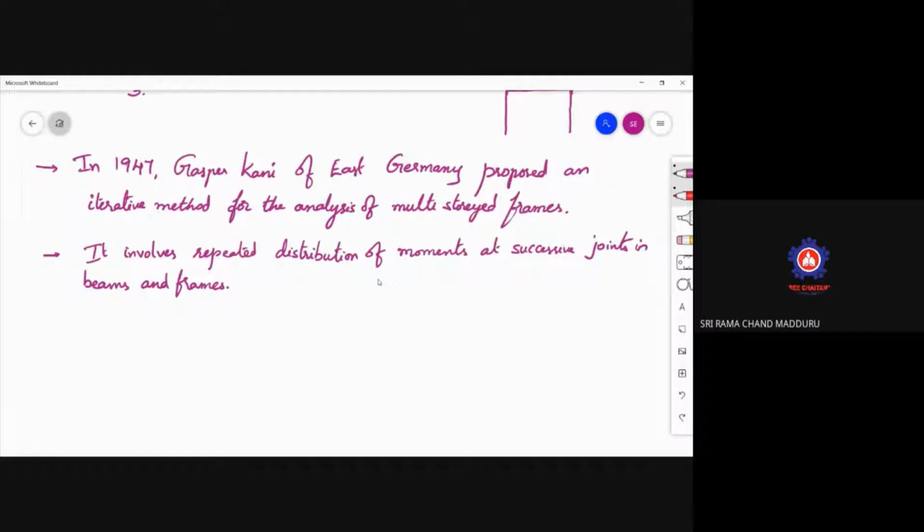This method is similar to the Gauss-Seidel iterative method.